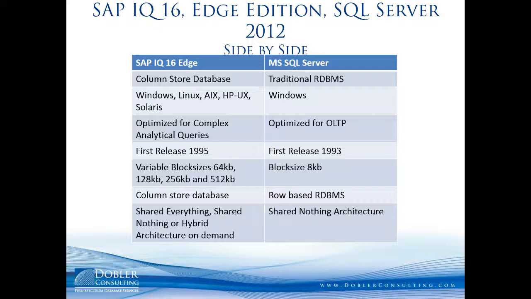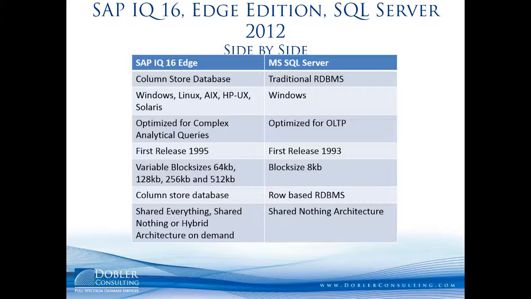And not in the Edge Edition, mind you, but IQ as a system, specifically the enterprise system, comes as a multiplex version where you can have a cluster node around a shared storage, which gives you huge horizontal scalability, meaning that you can grow your compute power around your data.